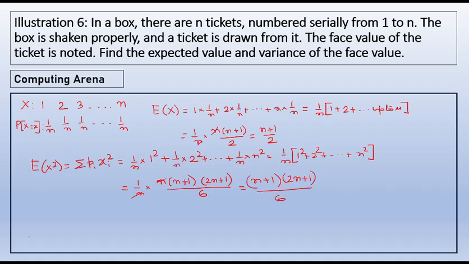Now let us look at the variance of x. Variance of x is equal to expectation of x square minus expectation of x whole square.